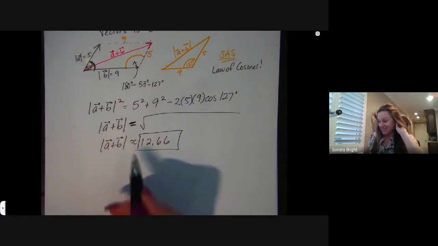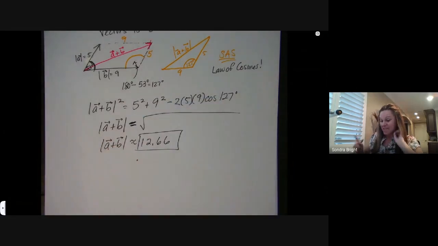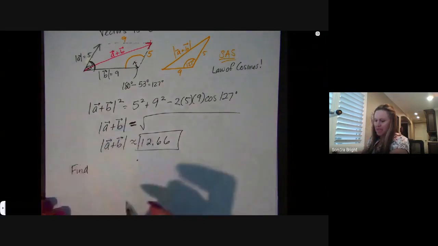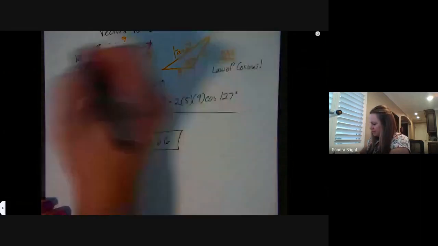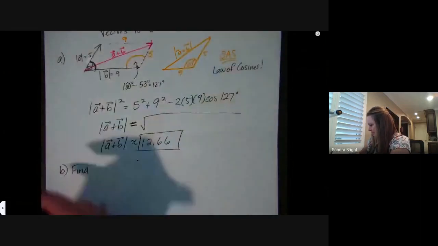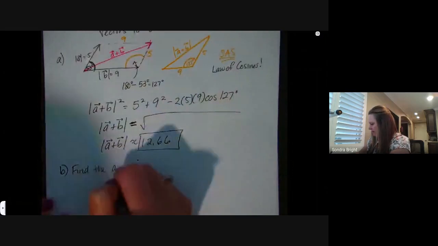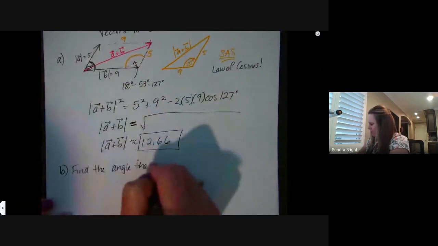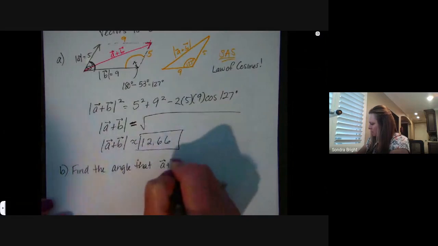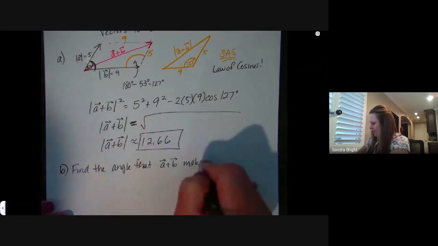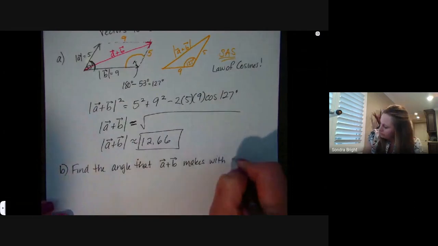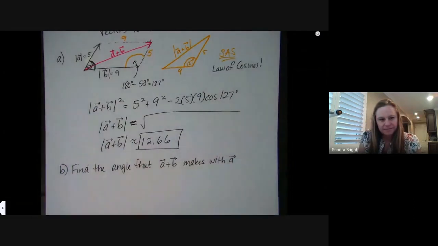All right. Then, same information, but now they're going to ask us, so that was part A, I guess. And then part B is going to be find the angle that the vector A plus B makes with vector A. All right, so what are they looking for this time?